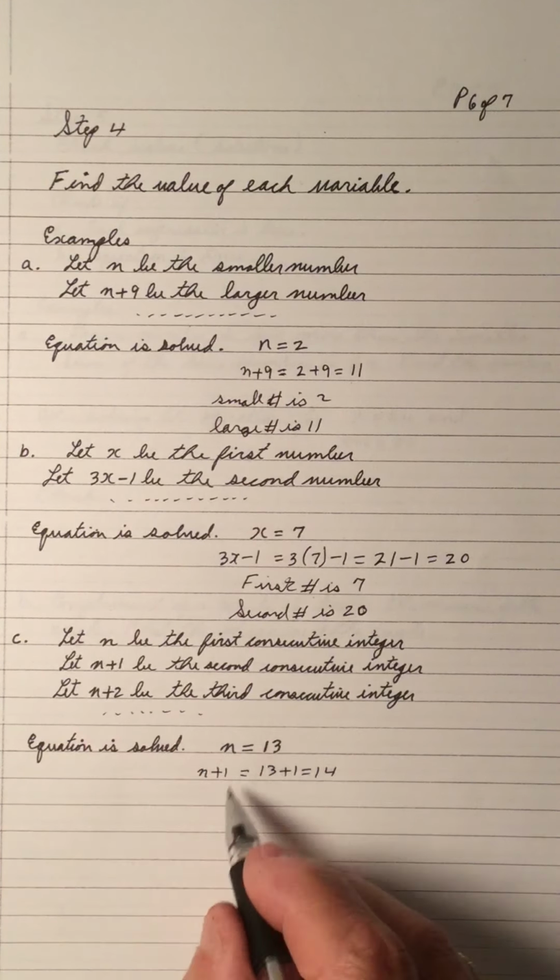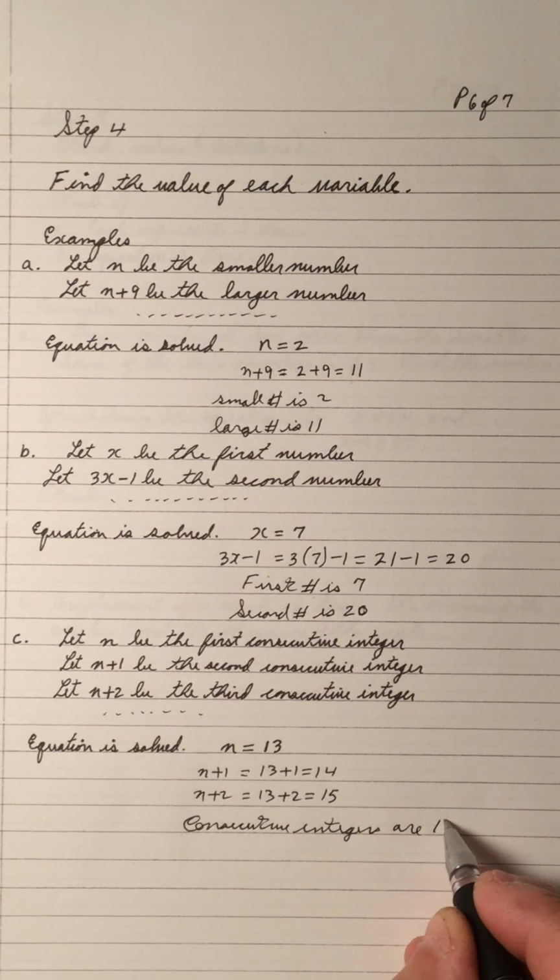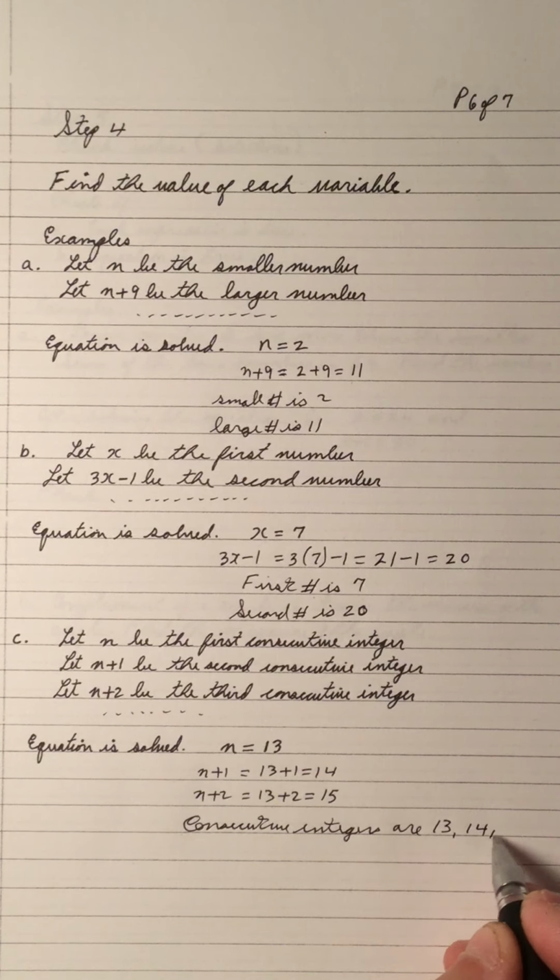And as you can see, now you have 13, 14, and 15. So your consecutive integers are 13, 14, and 15. So after you get the value, then you have to sub in the second unknown and work that out, or the third unknown, etc.